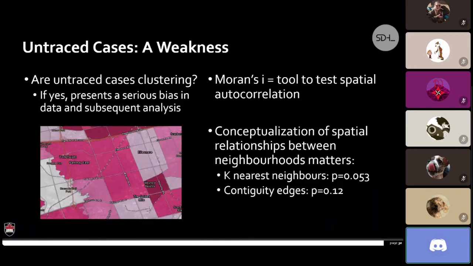But if I'm looking at only the neighborhoods that border the community, then I'm kind of losing this level of evidence. Nonetheless, there's still a pretty fair amount of evidence that it, at the very least, should be concerning, despite not being significant.